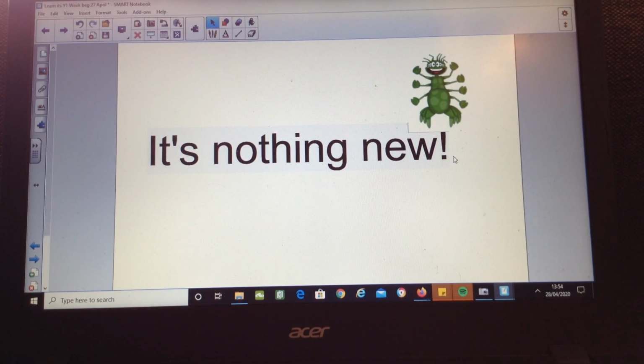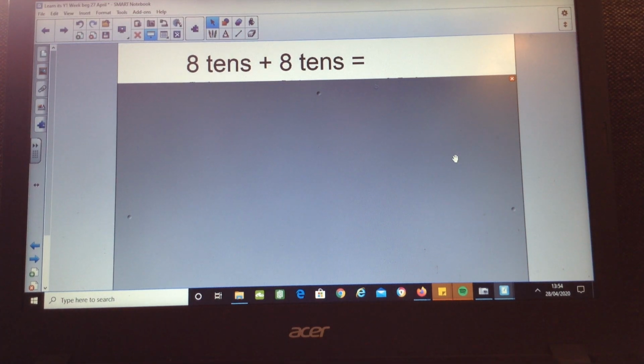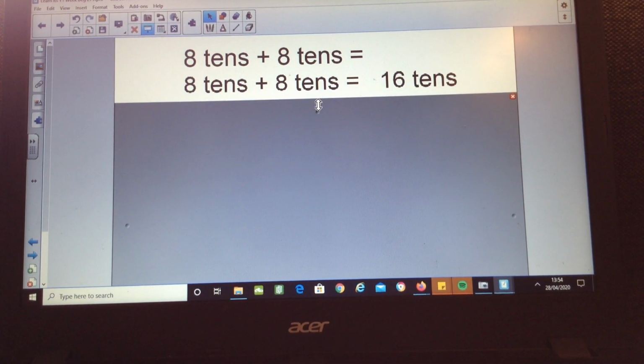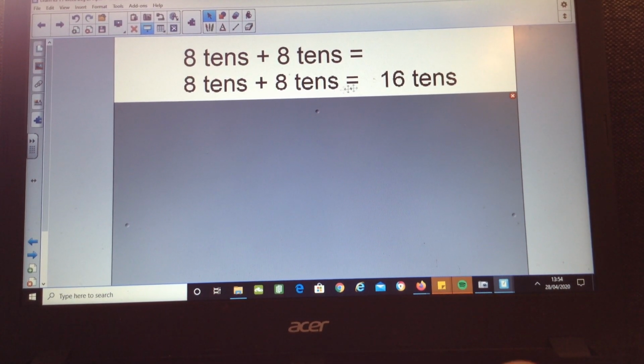So for It's Nothing New, we're going to think about what we know now if we know that double 8 is 16. What's my 8 tens add 8 tens? Well, 8 add 8 is 16, so 8 tens add 8 tens is 16 tens.